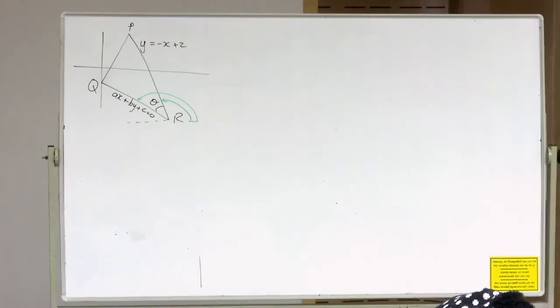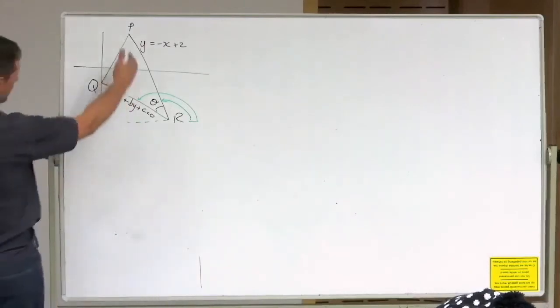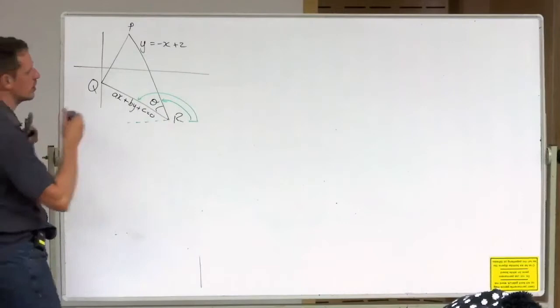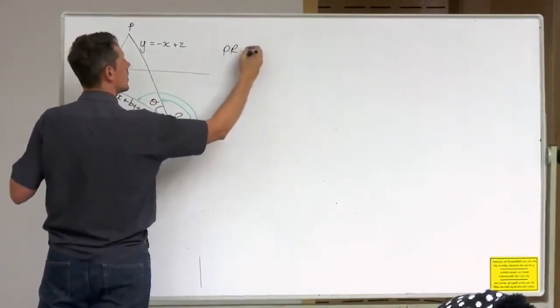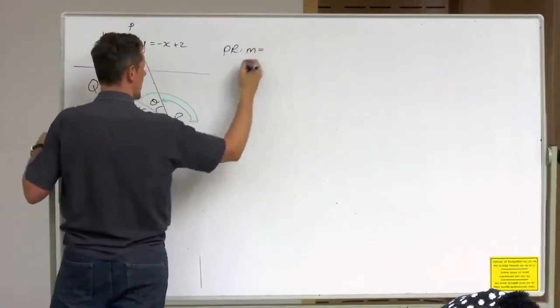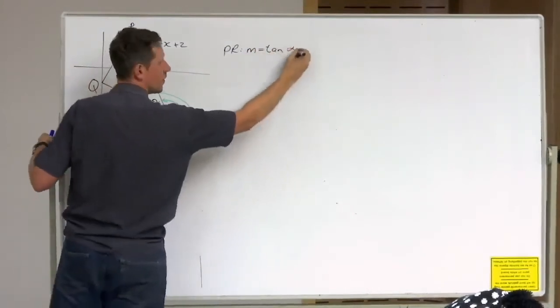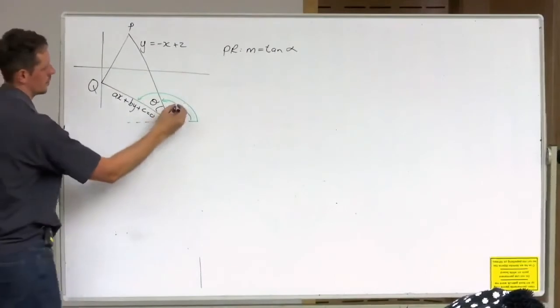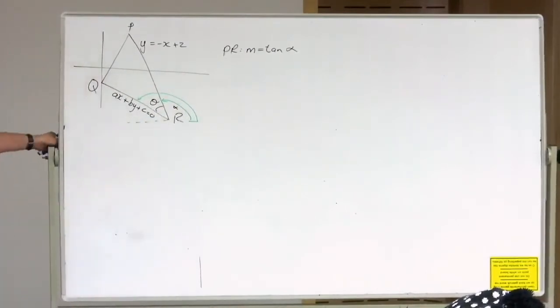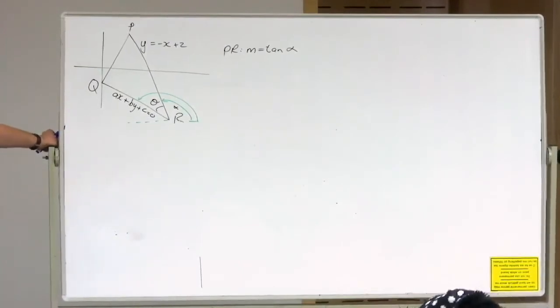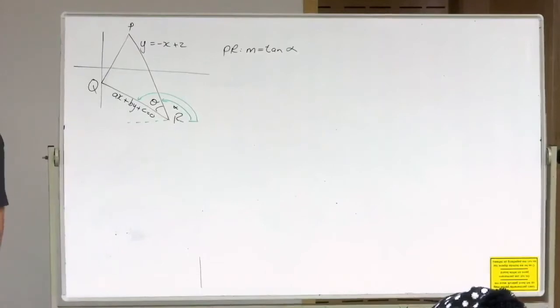So if I look at this specific line for PR, let's call this little one alpha. Why am I not going to call it theta? Because theta is already given on the sketch.